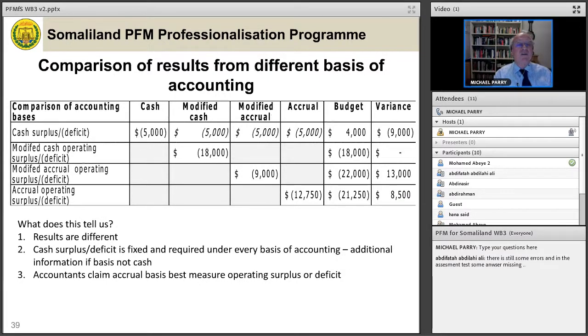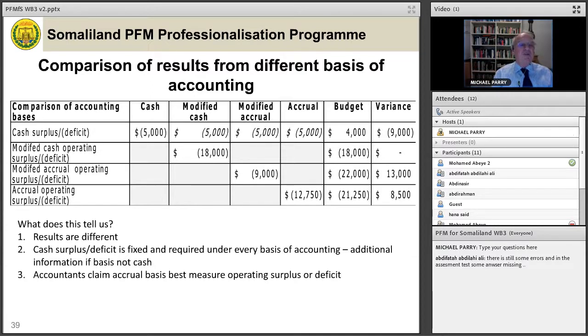So let's have a look at this. If we take all of the figures we've just calculated and compare them to the budget and the variances, we get quite interesting conclusions. Now, this table is not in your workbook, but it'll be in the slides which I'll issue to you. Under the cash basis of accounting, we get the cash surplus or deficit, which is $5,000, which actually stays the same all the way through.